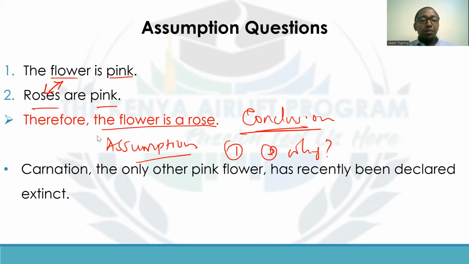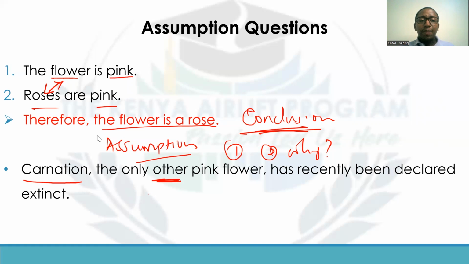Carnations are a type of flower, and they are the only other pink flower. So we have roses and carnations as pink flowers, but in this case, carnation has recently been declared extinct. That means if you see a pink flower, it's most definitely a rose. You can see that this assumption strengthens the conclusion.